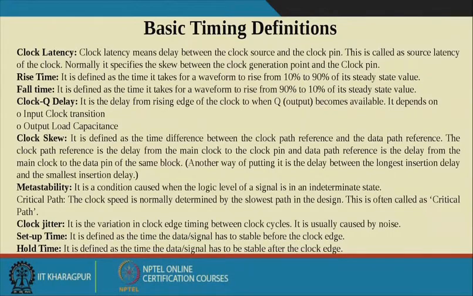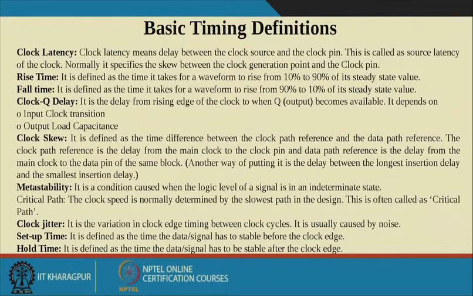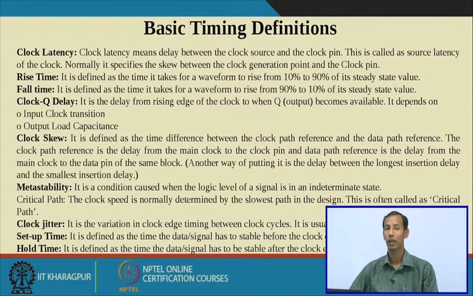Then clock to Q delay. What is clock to Q delay? In a register or a D flip flop, there is a clock source going to the register and there is an output which is Q. The clock to Q delay is the delay from the rising edge of the clock to when Q becomes available.